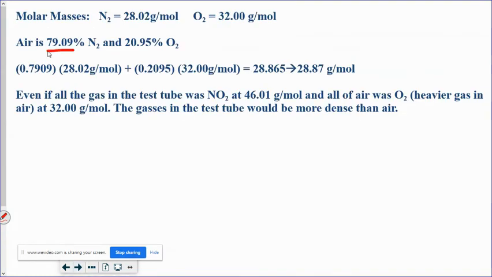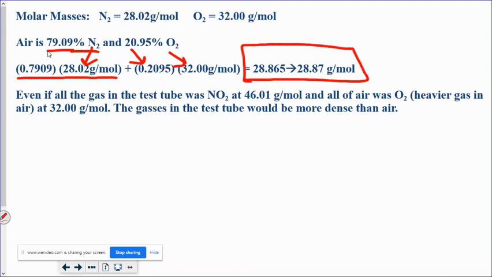So 79% nitrogen, so 79% of 28.02, that is the molar mass of nitrogen. And oxygen is 20.95%. Our air is 20.95% oxygen. That's the molar mass of oxygen, and that is the molar mass of air.